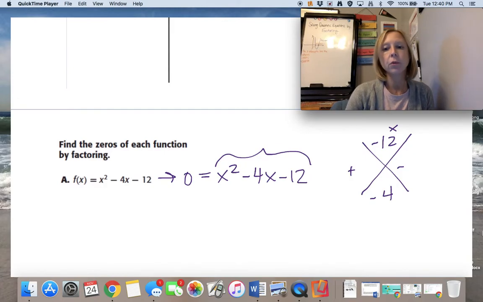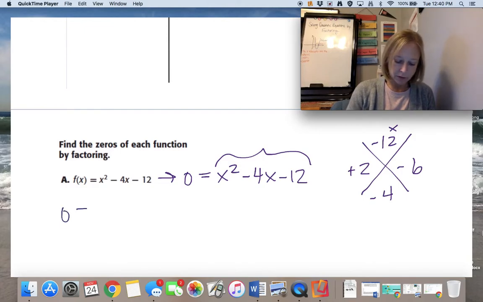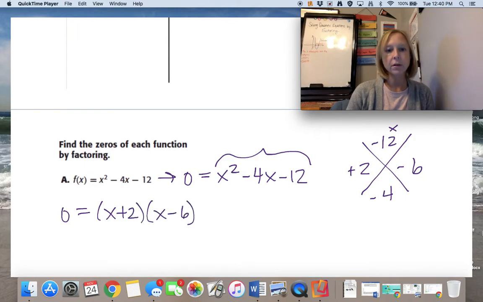The larger number will be negative. It's not 4 and 3, 6 and 2. -6 plus 2 is -4. So 0 equals x plus 2 and x minus 6. Remember, it doesn't matter what order I write those in. So now I have this rewritten in factored form.